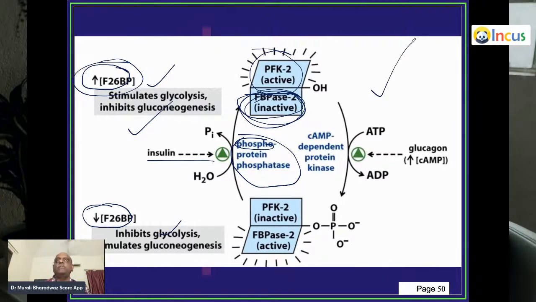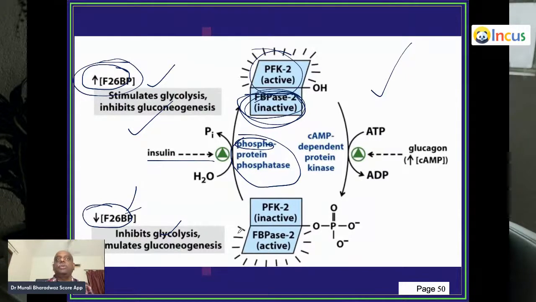So please remember this important regulatory slide, doctor. Fundamentally, you need to know PFK2 and FBPase2. These are the two things which are important. High F26BP, that is fructose 2,6-bisphosphate, stimulates glycolysis, inhibits gluconeogenesis. Decreased fructose 2,6-bisphosphate inhibits glycolysis, stimulates gluconeogenesis.